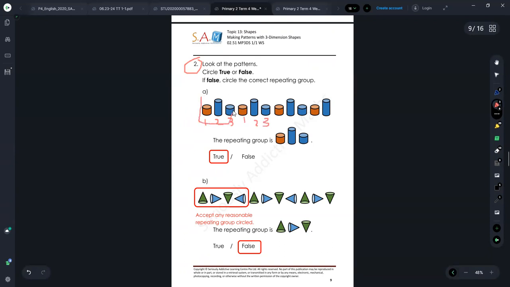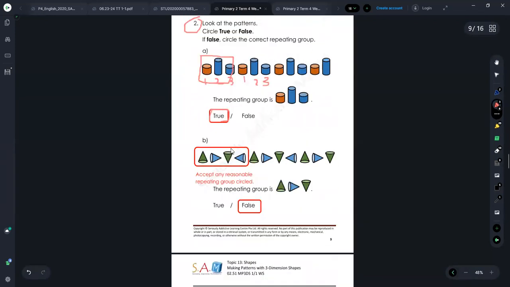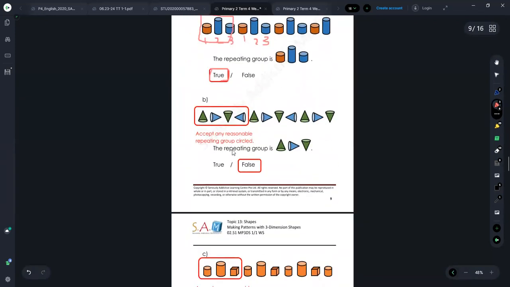If it's correct, they just circle true, and they don't have to circle the repeating pattern. What about this one? Is it a repeating pattern? Let's try: cone, and then a different shape, and different again, and different again, and then it changed.